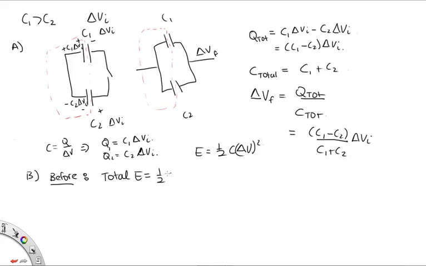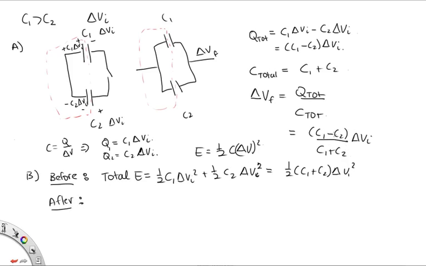So we've got a half C1 delta VI squared plus a half C2 delta VI squared. So we can write this as a half C1 plus C2 delta VI squared.